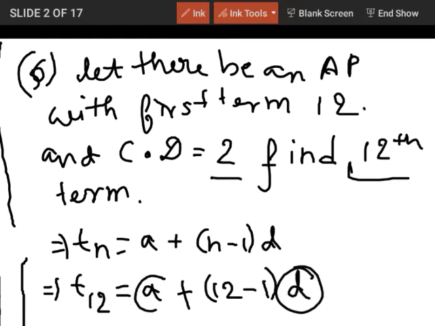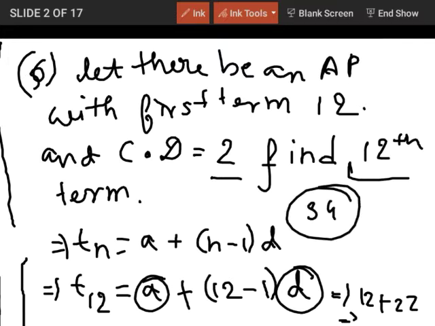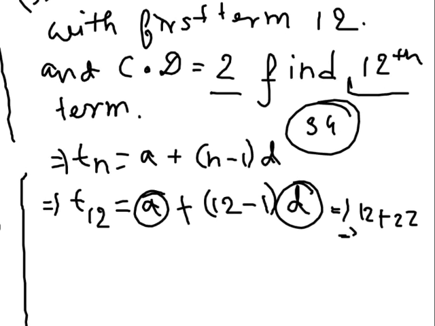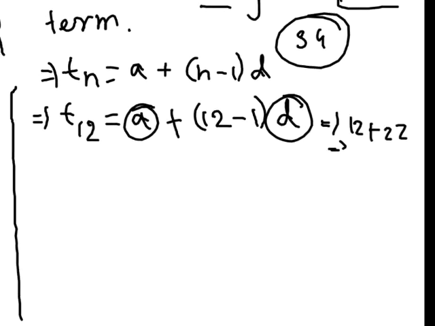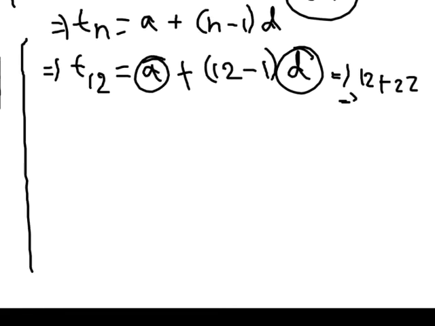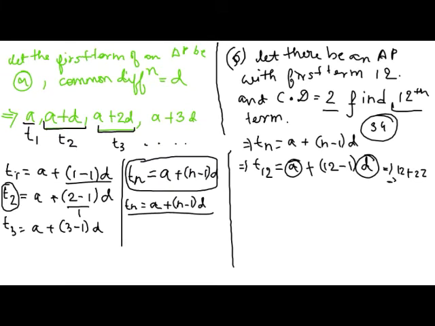You know the value of a, right? What is a? 12, so this will be nothing but 12 plus 22, that is 34. So the answer is 34. I hope that all of you were able to solve this question, right? Now you can practice more such questions.